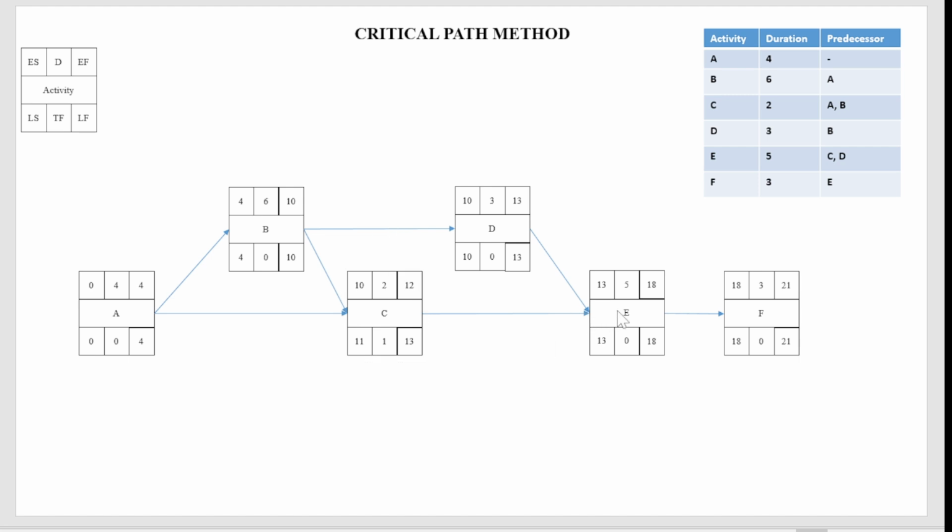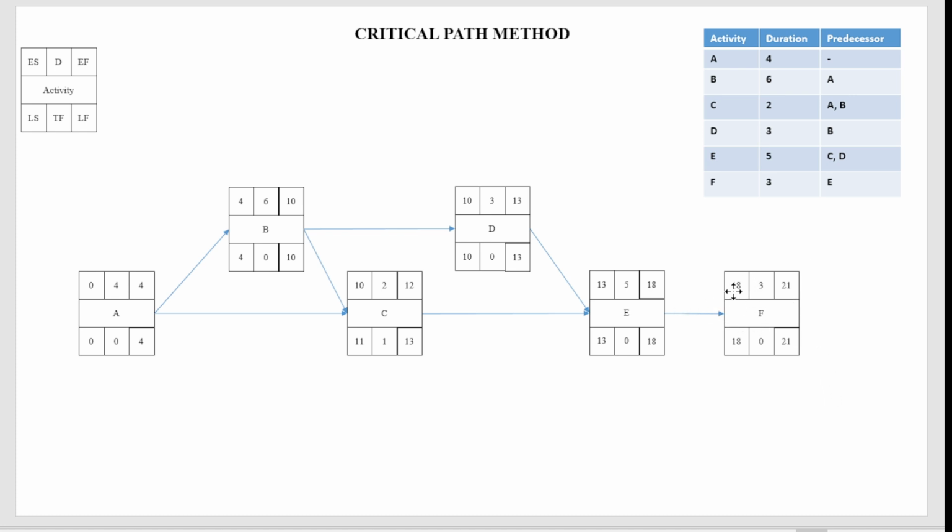So activity E cannot start unless both of them complete, so the highest number of days is 13. On day 13 activity E can start. That is why we take 13, we cannot take 12, because unless activity D is completed, you cannot start activity E. This must be very clear to you. Then you work for 5 days, so you will complete activity E on the 18th day.